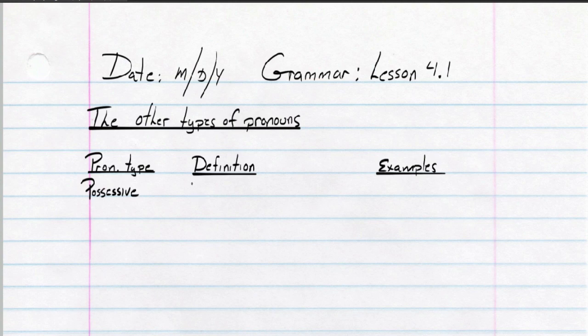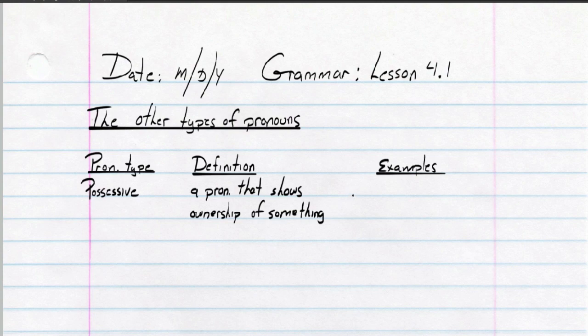The definition here is a pronoun that shows ownership of something. Okay, you'll notice here that I have used 2 lines for that. That's fine because we're doing Cornell note style here. We can go vertically up and down as far as we want as we create notes.